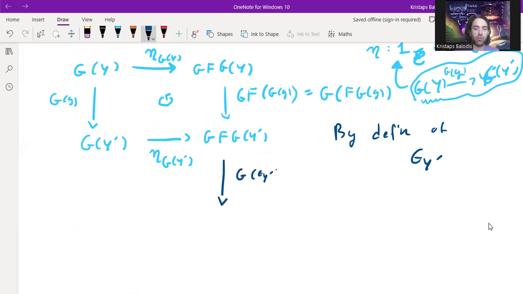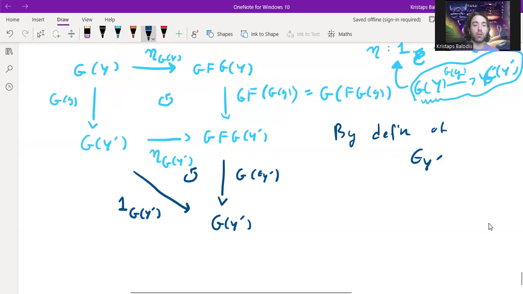Epsilon sub y prime is the unique thing which makes this lower diagram commute here. That's by definition. Well, the diagram above commutes, the diagram below commutes. So if you jam some commuting diagrams together, everything should commute. If you're not happy with that explanation, you can go ahead and check the compositions of maps step by step on your own.